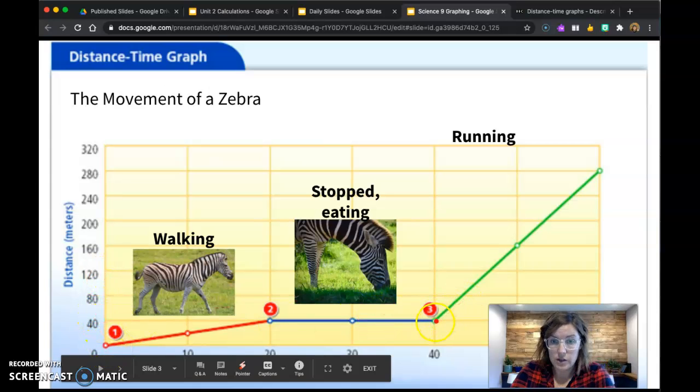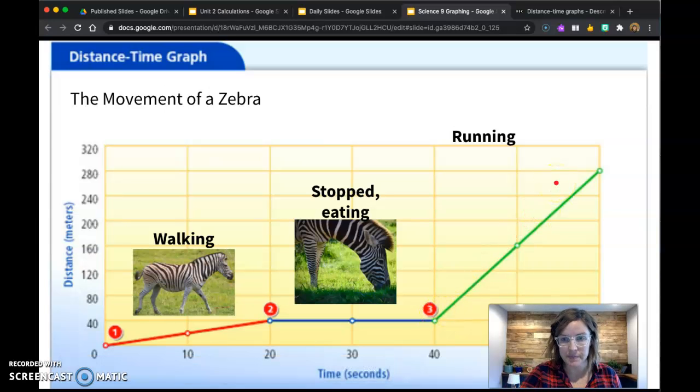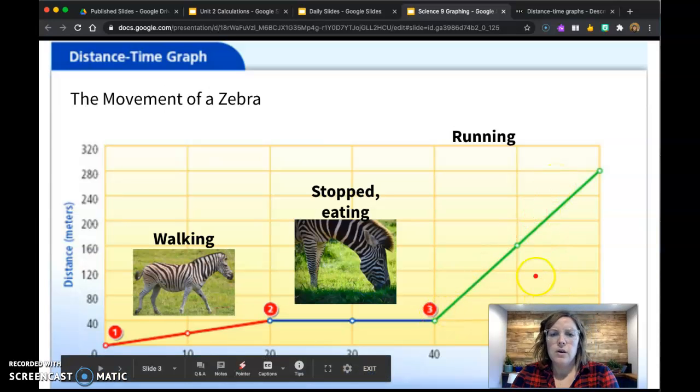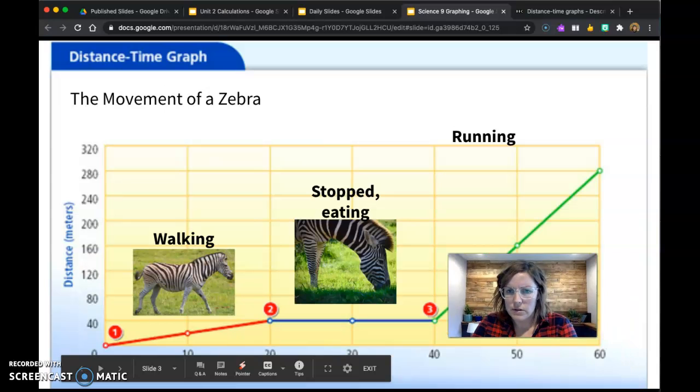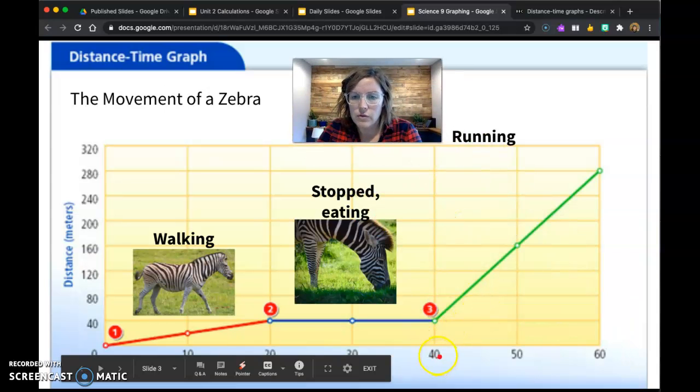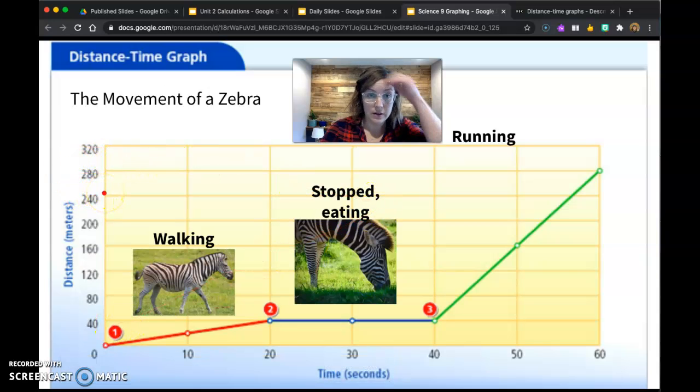Now after 3, you see this really steep line. What does that mean? Well, from 40 to 60 seconds, so 20 seconds, he went from a distance of 40 meters to 280 meters.